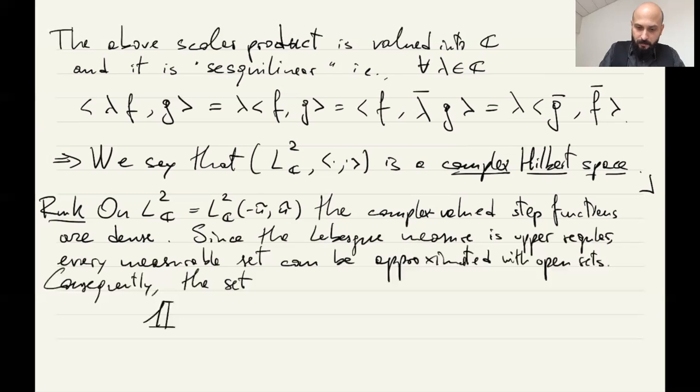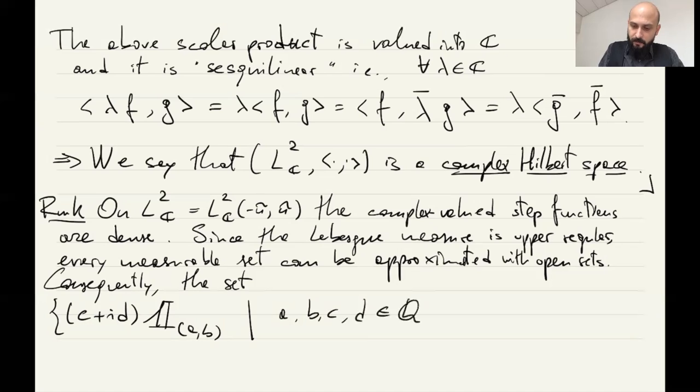It's the same if they are open or closed. The interval (a, b), and we multiply by a complex number, c plus i d. But now we can just let the numbers a, b, c, and d be rational. Of course, we have that a is less than b, and they are between minus pi and pi.